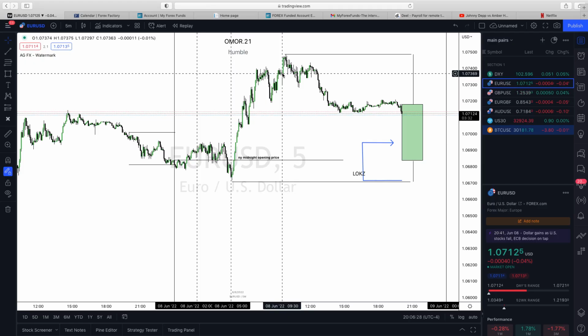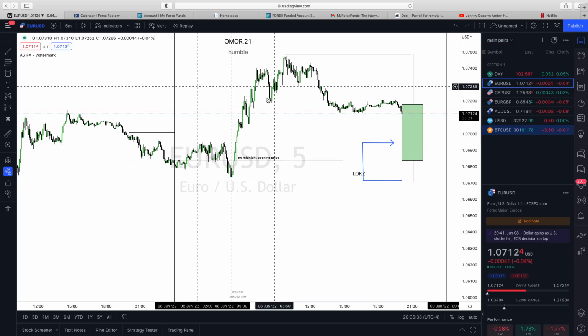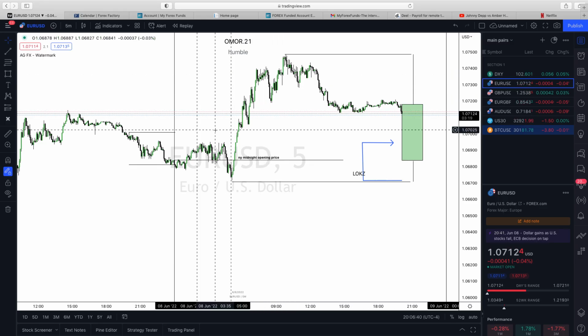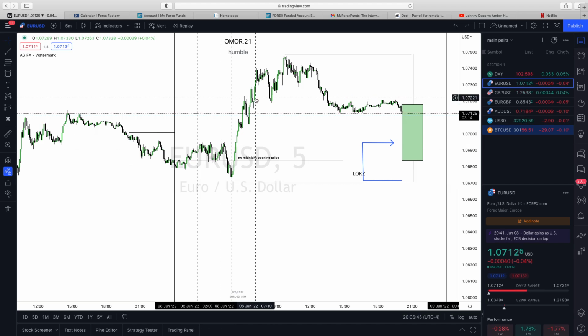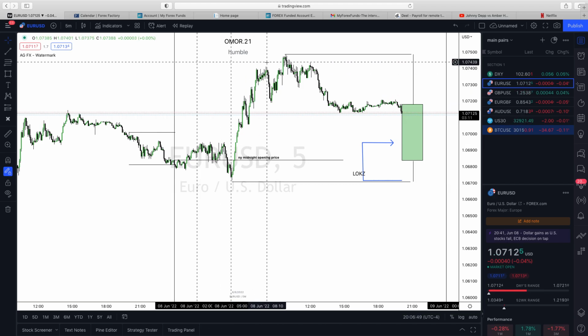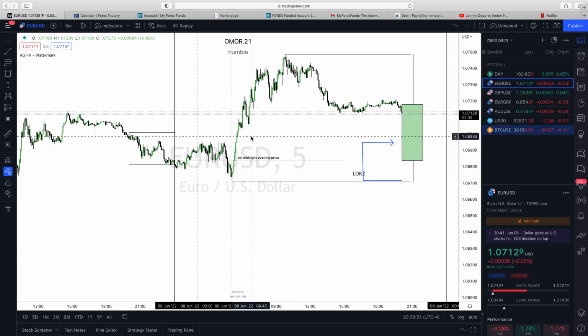I shouldn't be giving you the flout, but there's not a lot of people in this mentorship, so I'm going to give it to you. Essentially, the CBDR is going to give you the low of the day on a bullish day, and the flout is a projection of the high of the day on a bullish day. So essentially, both ends of the range.